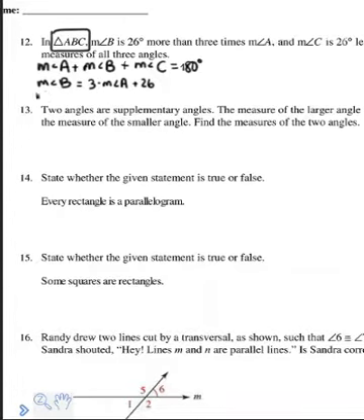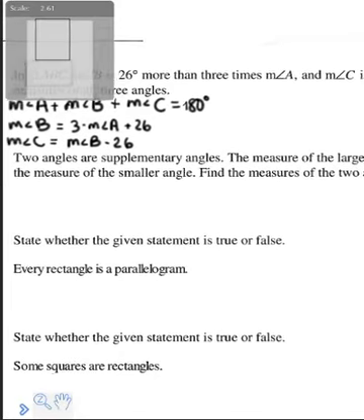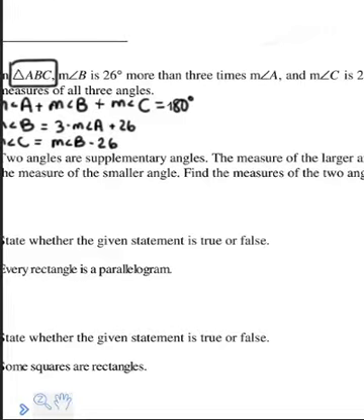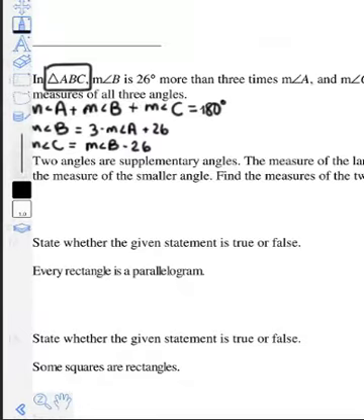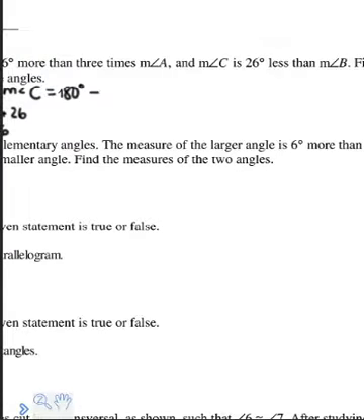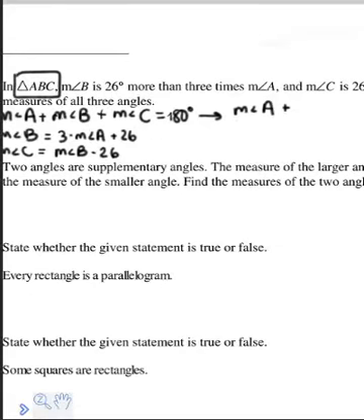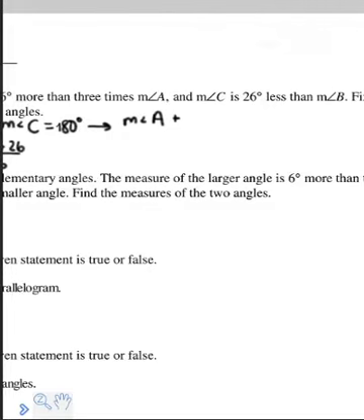So measure of angle C is measure of angle B minus 26. Okay, if we make some substitutions here into the original statement, measure of angle A plus measure of angle B plus measure of angle C, I'm going to substitute these two expressions in there. So measure of angle A, now instead of writing measure of angle B, I'm going to substitute this expression here for the measure of angle B. So 3 times the measure of angle A plus 26.